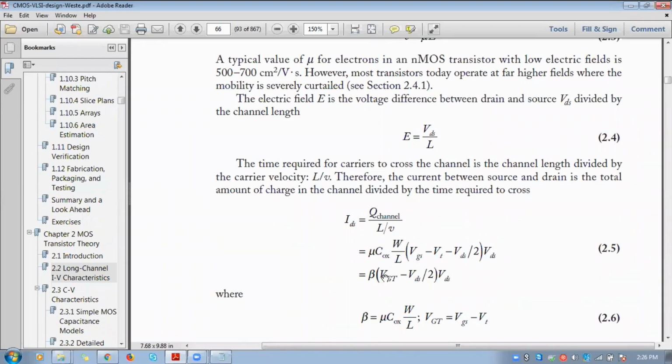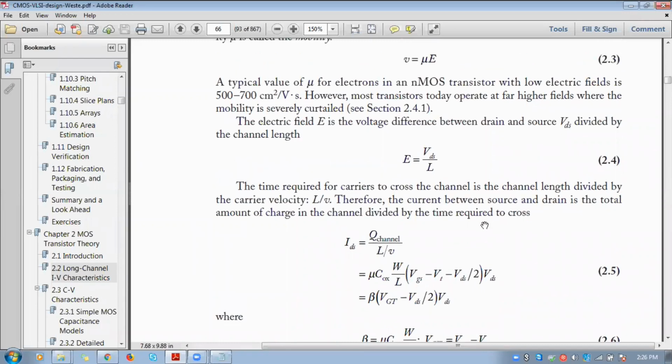Mu Cox W by L is also a constant, but VDS is varying. Sorry, the electric field is varying with respect to the VDS value. So as VDS increases, this IDS also will increase. So it is a linear relation between IDS and VDS, and that's why this region is termed the linear region. IDS will increase linearly with respect to VDS only.